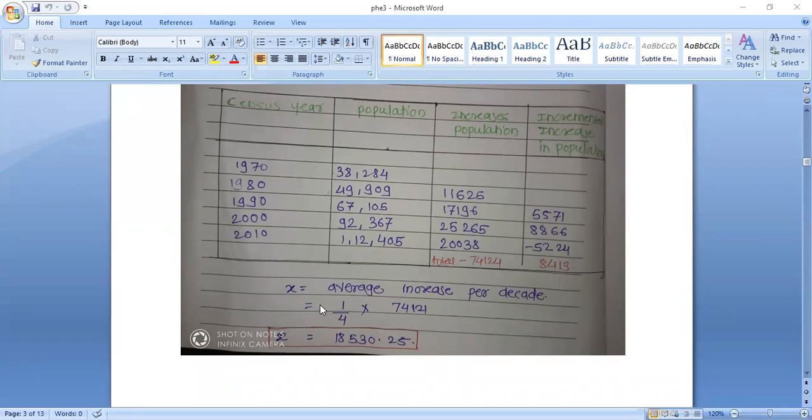X means average increase per decade. That is, we have the total increase in population. Now we have to find out the average increase for 10 years, that is for per decade. Now see, x is equal to 1 by 4 into total increase in population.